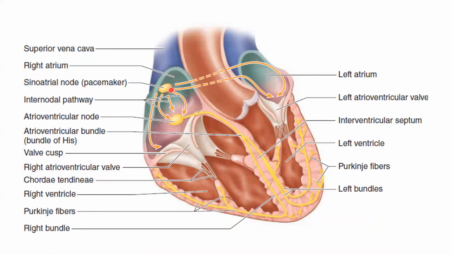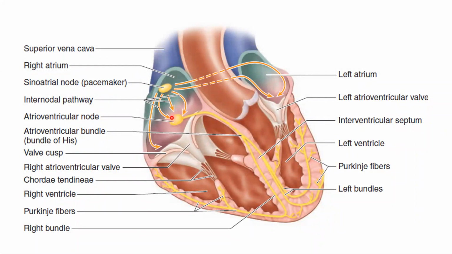So if we just look at the pathway, the contraction starts here and the impulse travels through the atrioventricular node. So the impulse starting from here goes through the atria and causes the atria to contract.